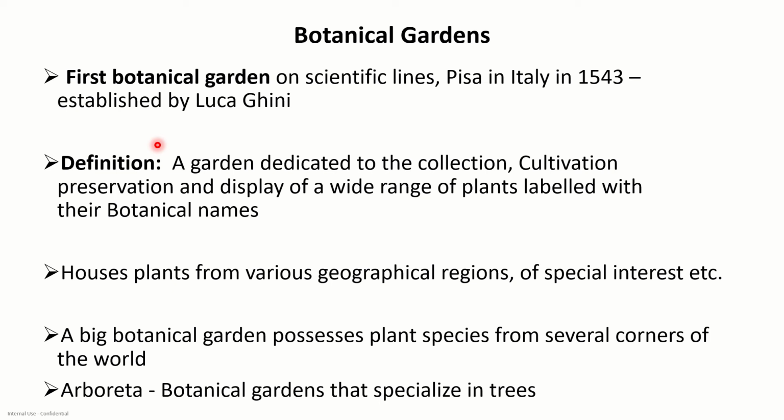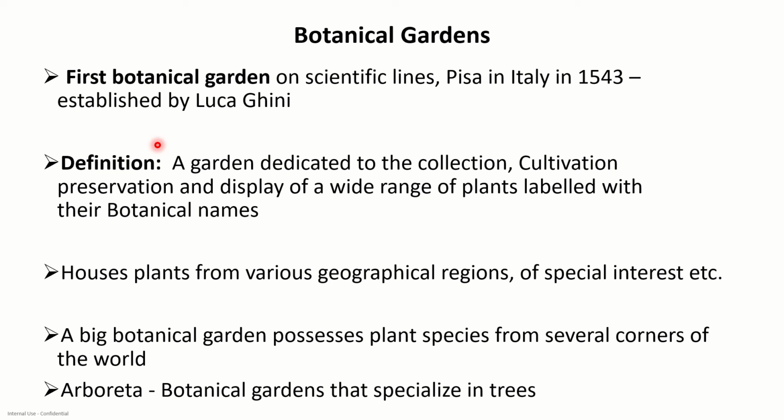Now, let's define a botanical garden. It can be defined as a garden for the exhibition and scientific study of collected growing plants, usually in association with greenhouses, herbariums, and laboratories.